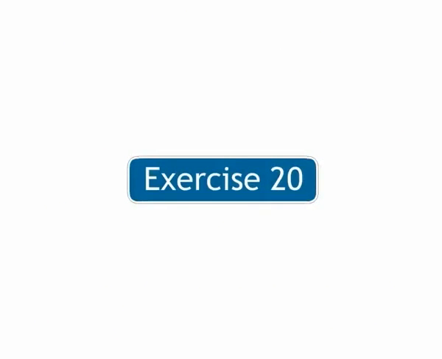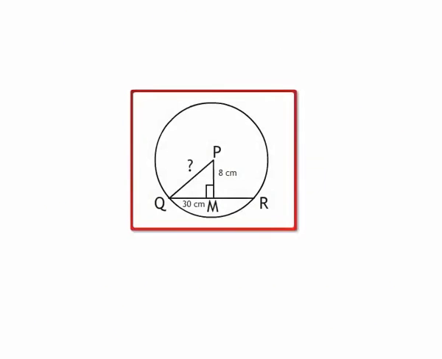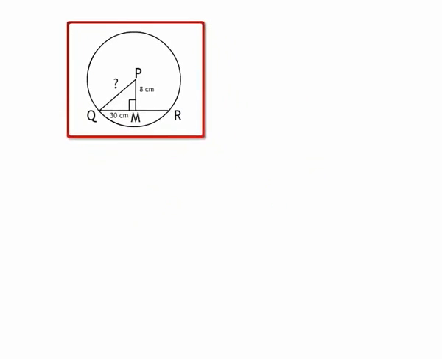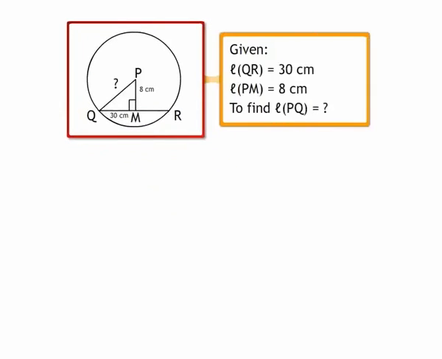Now let us solve exercise 20. A chord of a circle is 30 cm long. Its distance from the center is 8 cm. Find the radius of the circle. We can see that the length of the chord of the given circle, that is segment QR, is equal to 30 centimeters.